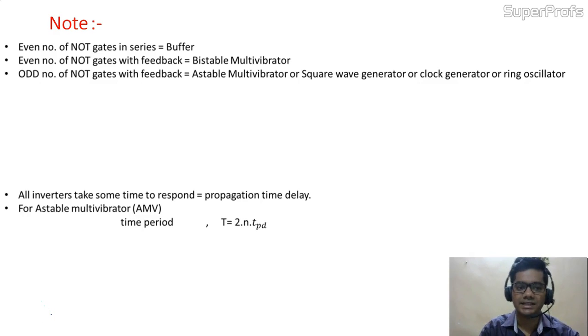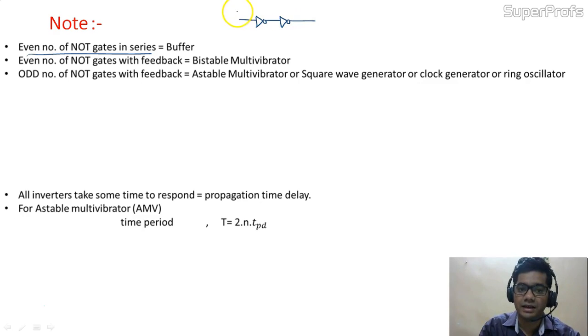So the first point is: even number of NOT gates in series will act as a buffer. What it means, students? First consider an even number of NOT gates. So we are taking two NOT gates.